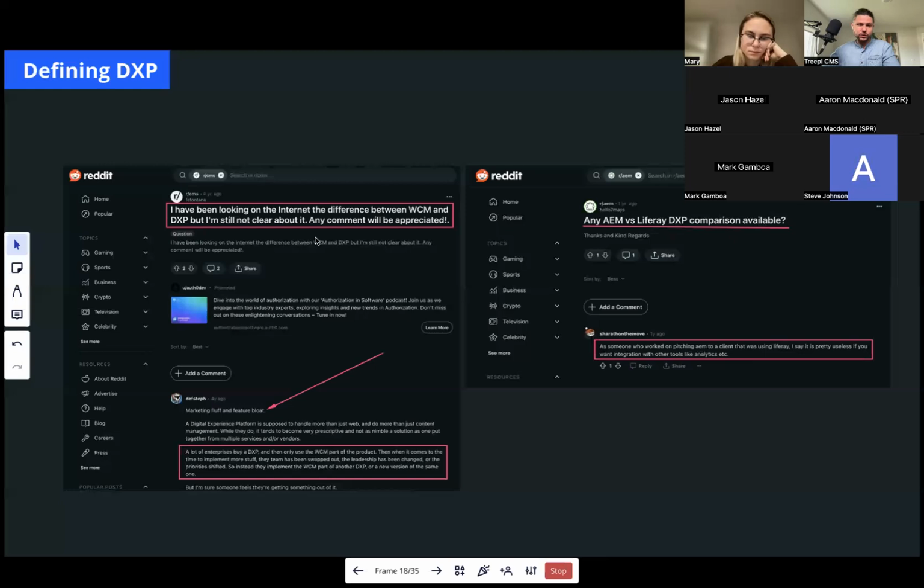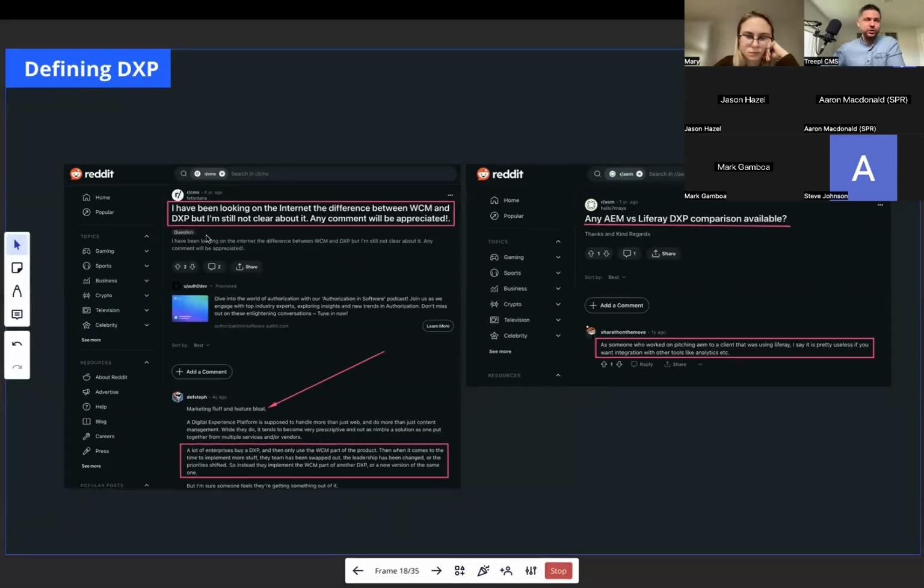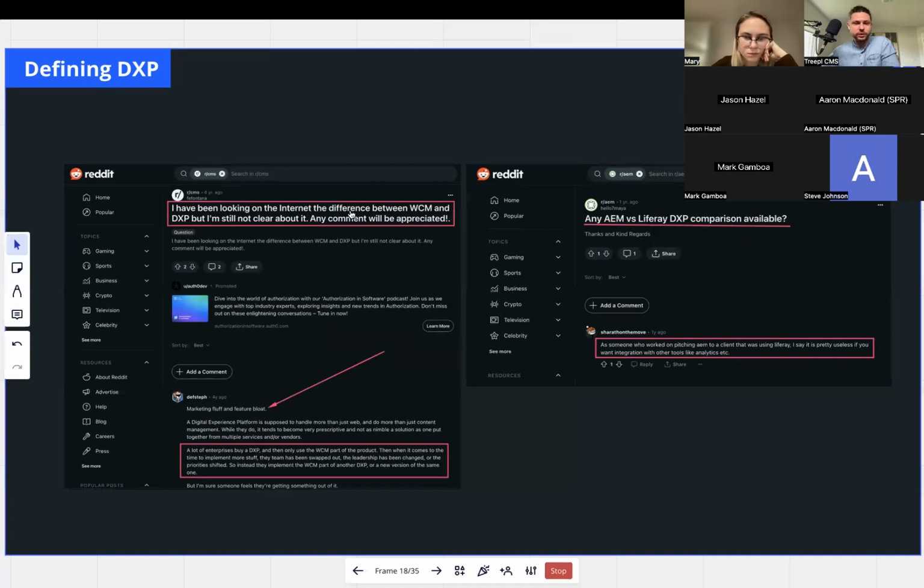There are also some fights that I had on Reddit. People are still trying to figure out what the difference between WCM, CMS, and DXP is. And my favorite answer is marketing fluff and feature bloat. So DXPs are bigger platforms. And here's an interesting case.